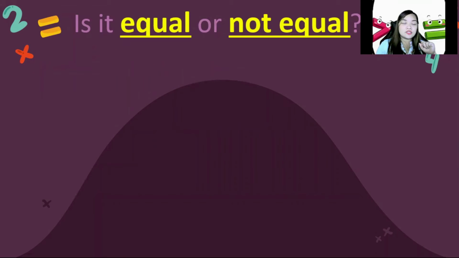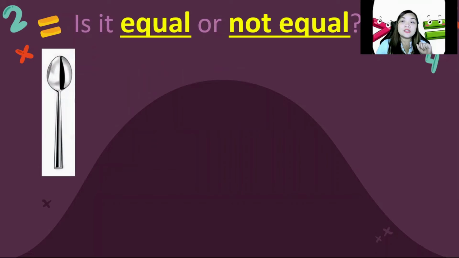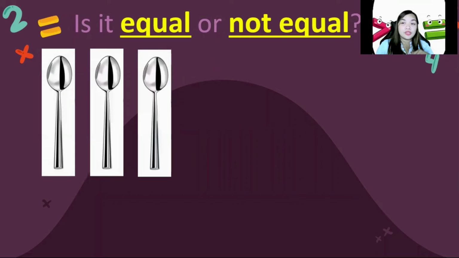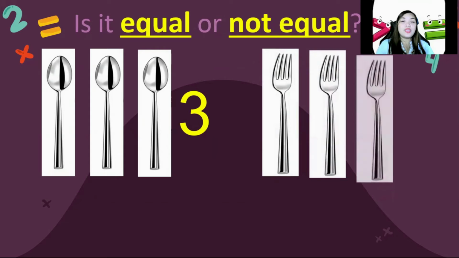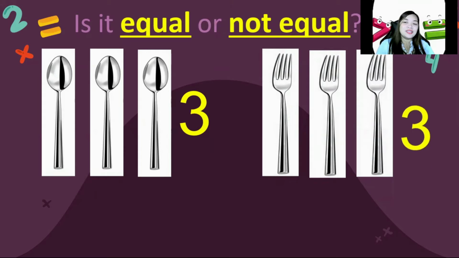First, let's try to count the objects on the screen. Ready? First is spoon. Let's count the spoons. 1, 2, 3. So we have 3 spoons. Now let's count how many forks there are. 1, 2, 3. There are 3 forks on the screen.